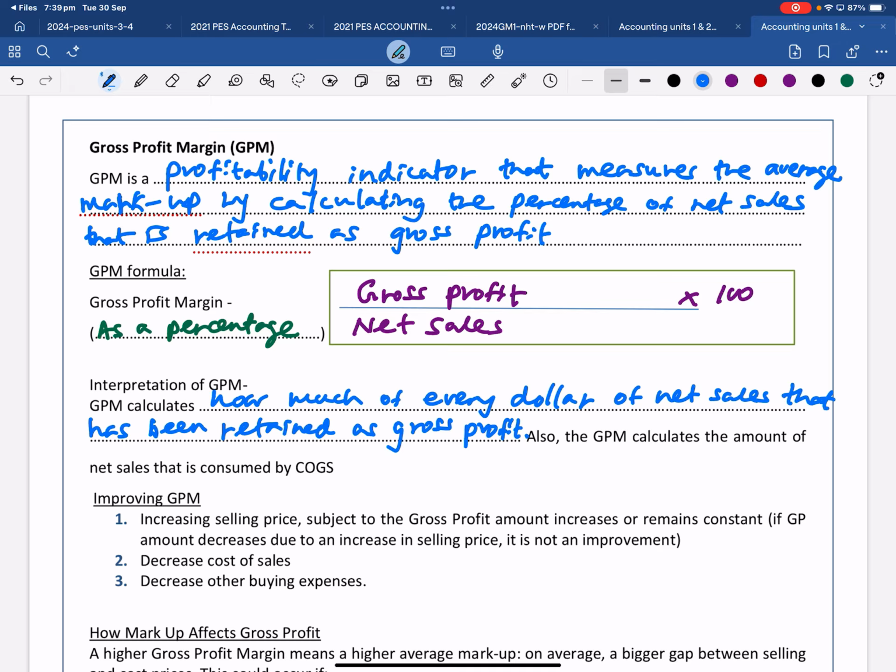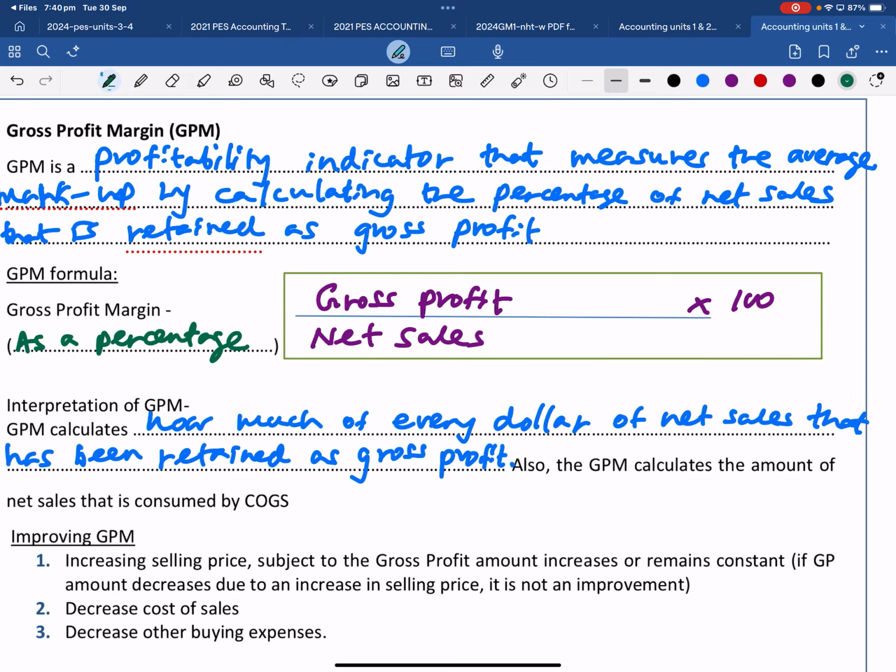Now, how do you calculate the gross profit actually? Net sales minus cost of goods sold. Very good. Net sales minus COGS is the gross profit.